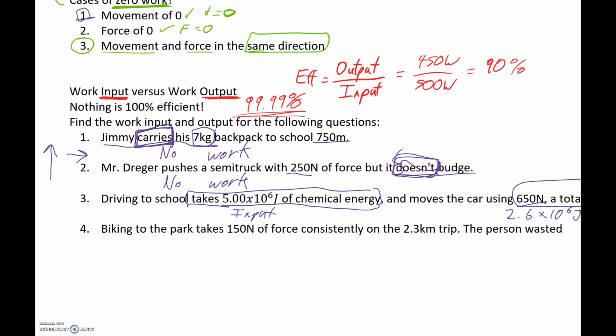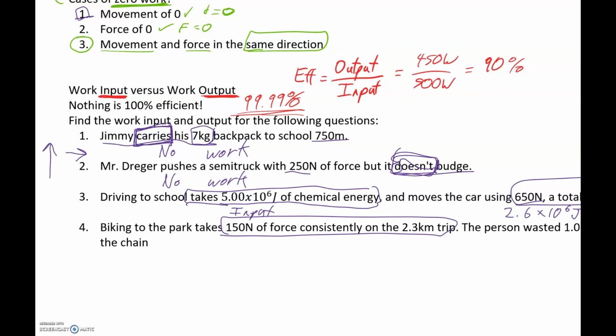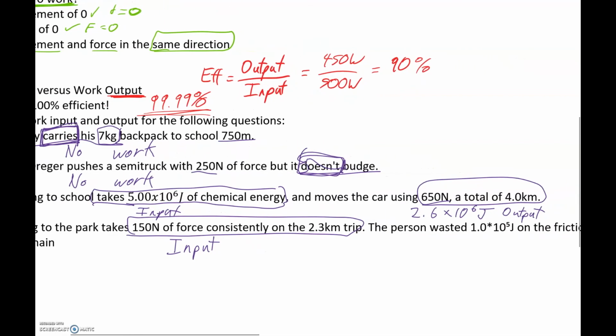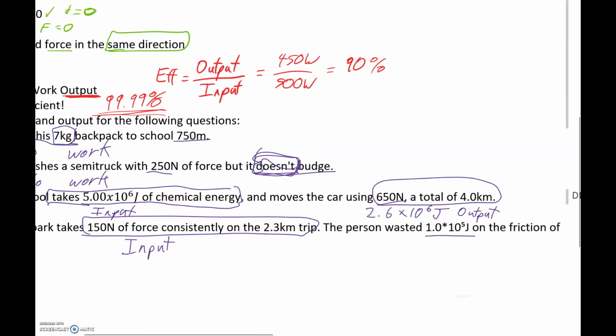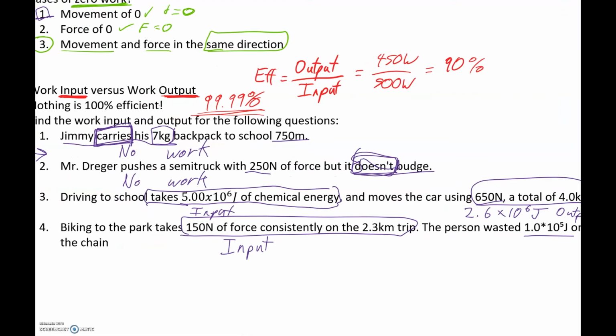Biking to the park takes 150 newtons of force consistently on the whole trip. So that is the input in this case. And over here we can see that the person wasted this amount on friction of the chain. But that doesn't actually tell us all that much.